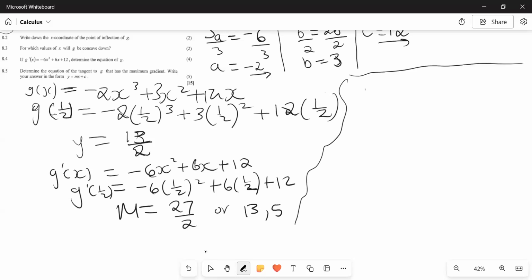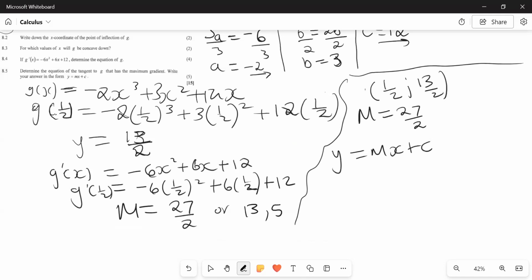So now at least we have a point, right? Our point is (1/2; 13/2), and our gradient is 27/2. Now we can say y equals mx plus c.